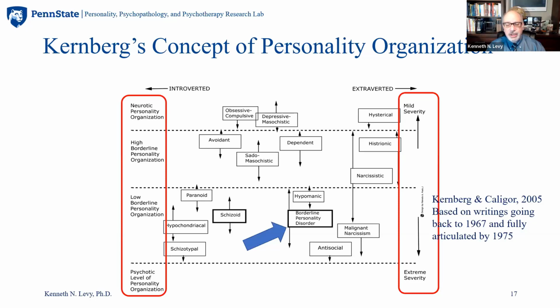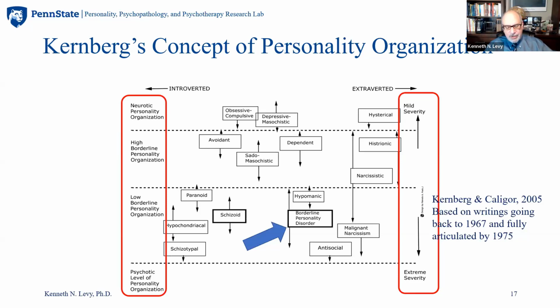But Kernberg actually had articulated this back in 1967. The model was fully articulated by 1975, and it's interesting that the empirical literature then sort of converges with the theoretical hypotheses here. As I said, there are also these pathological personality traits, negative emotionality, detachment, psychoticism, antagonism, disinhibition, that correspond loosely to the 5 factors.